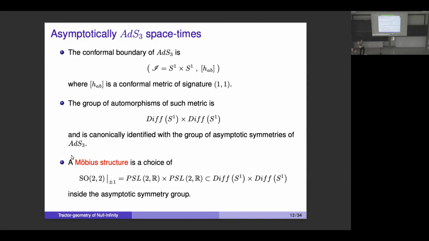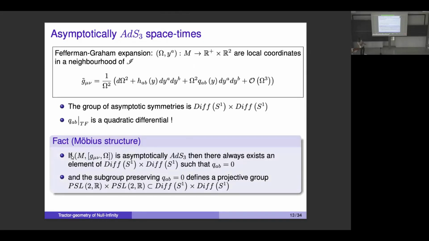This is something which is very well known in the literature. What you need is something called a Möbius structure. One way of making sense of this Möbius structure is again by going to local coordinates and doing now the Fefferman-Graham expansion. So the BMS expansion was some sort of flat version of Fefferman-Graham. You run your Fefferman-Graham expansion at second order. There is a free data, and this is just a quadratic differential.